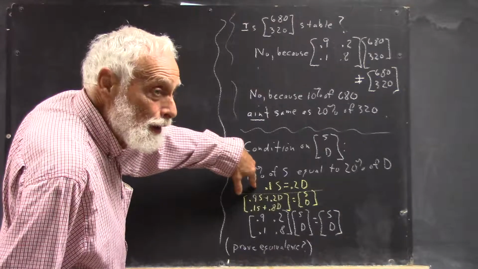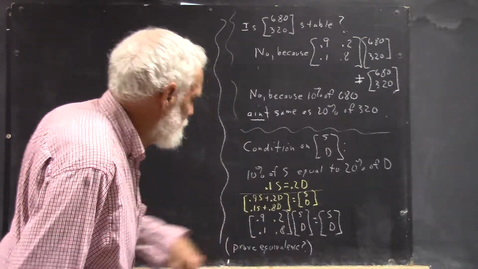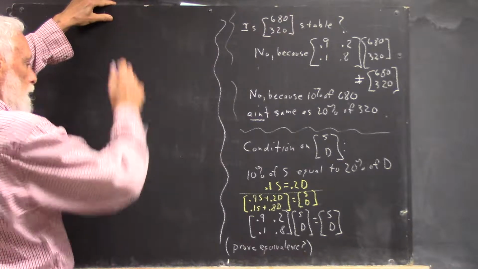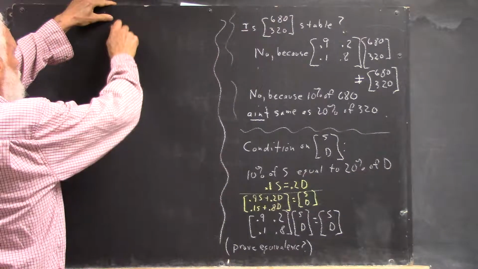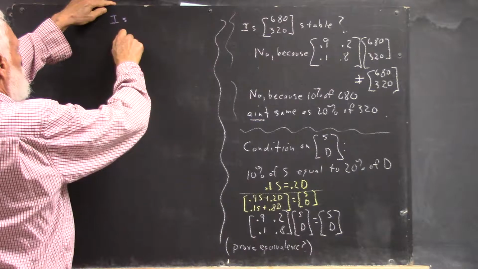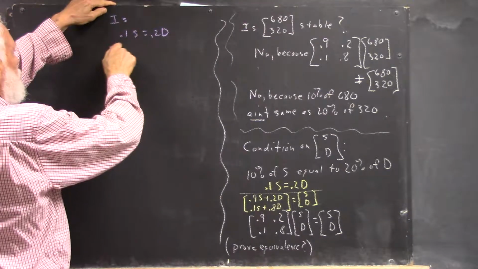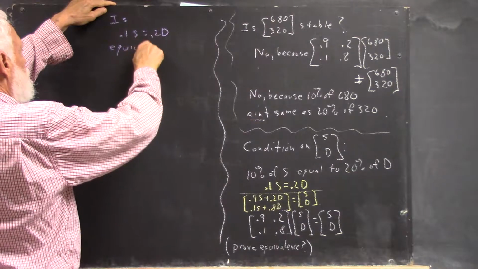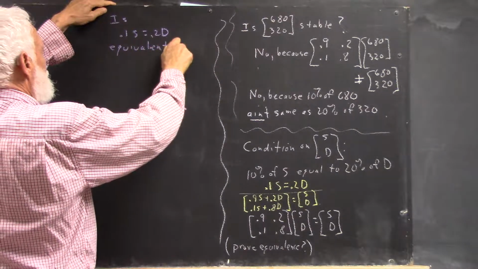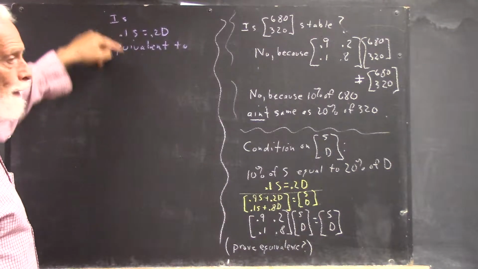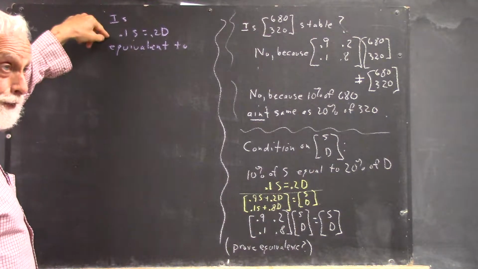Okay, 0.1 S equals 0.2 D and this. Okay, well, this condition. Equivalent means if it's this, then it's this, and if it's this, then it's this, right?